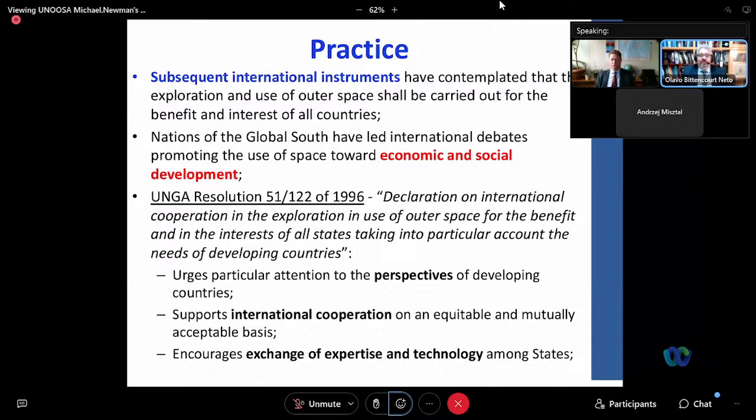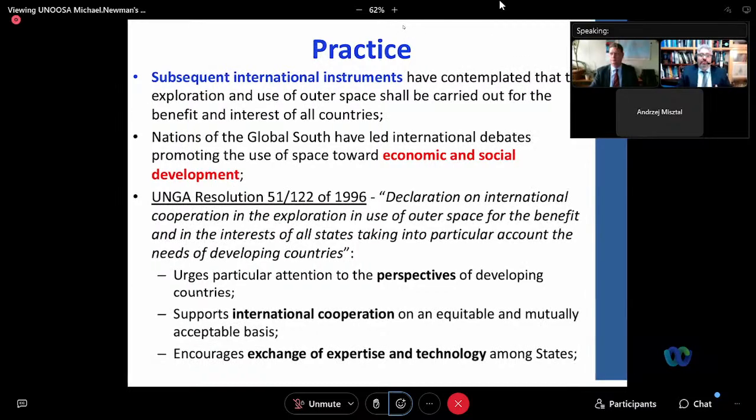One should remember that subsequent international instruments, either bilateral or multilateral, have contemplated that the exploration and use of outer space shall be carried out for the benefit and in the interest of all countries. Nations of the Global South have led international debates promoting the use of space toward economic and social advancement in so many different forums, so many different instances.